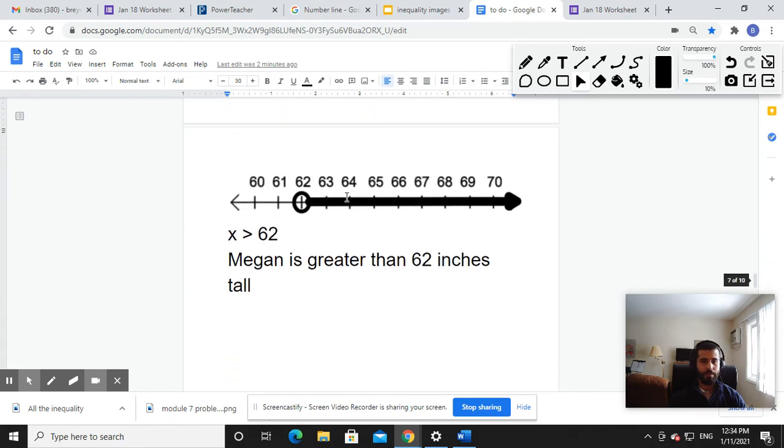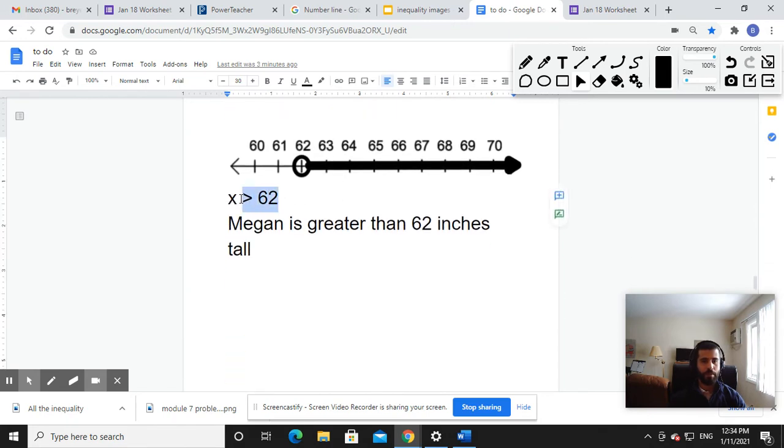And here's the answer. Looking at this middle part first, x is greater than 62. Or in plain English, Megan is greater than 62 inches tall. And this number line right here, what this represents with the open circle, it means she's not 62 inches tall. If she were 62 inches tall, they would have had to say that she is the same height as Sarah, but she's not, she's taller.